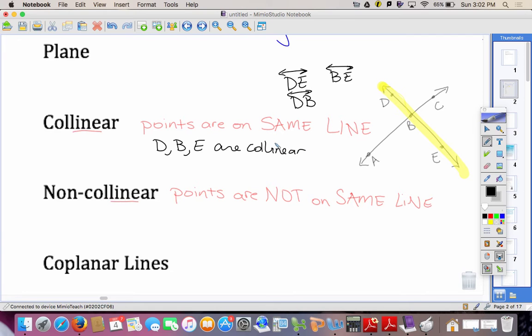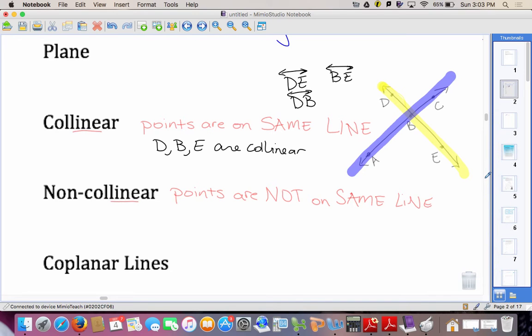Okay, and if we look at this line here, let me pause this for a second.